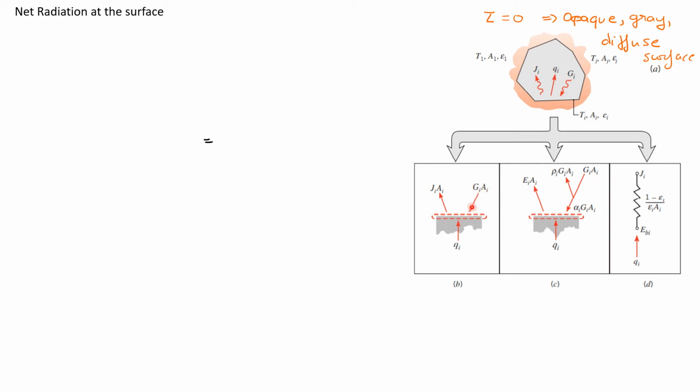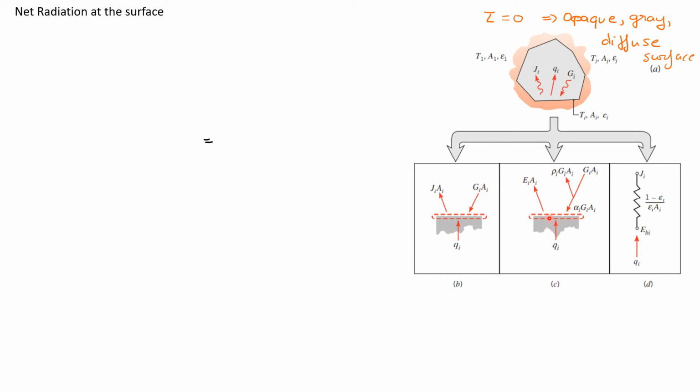So the net heat coming into the surface will be Gi times the area of this control volume, and the radiosity will be Ji times Ai, and Qi will be the net radiation.